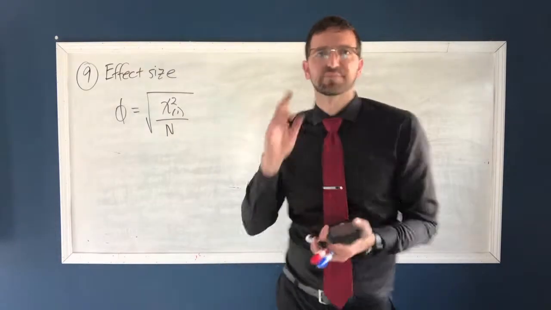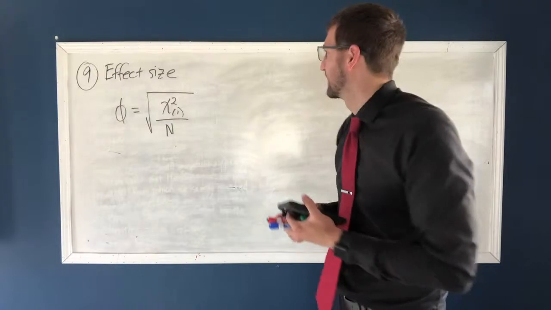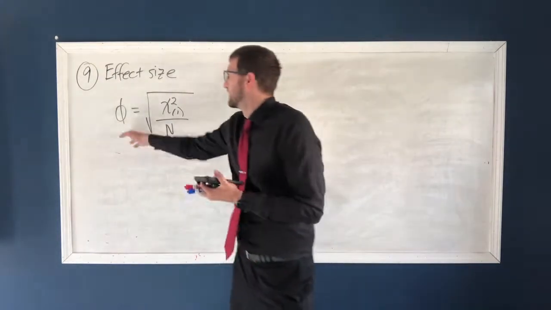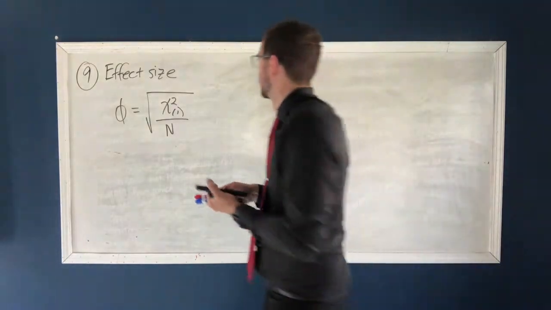We can only use this specific effect size if our chi-squared has 1 degree of freedom, which it does, so we're good. And that is phi.